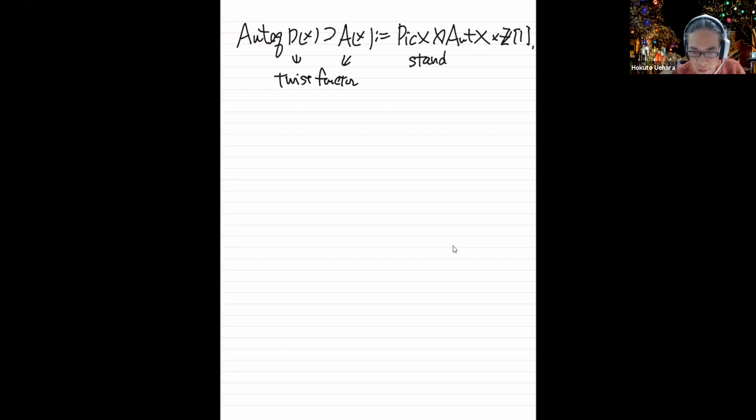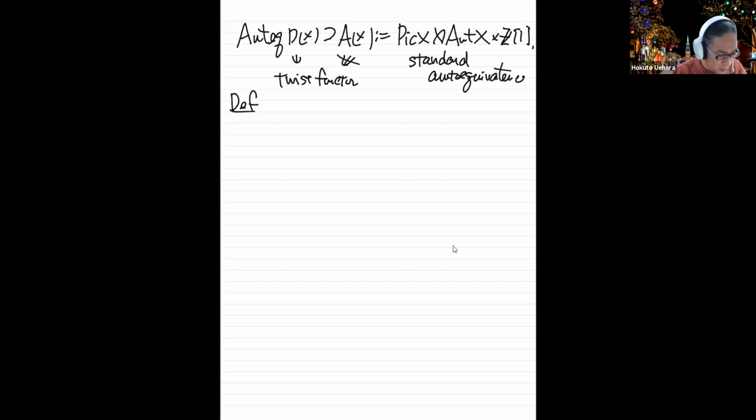And the twist functor, which I will define now, is not a standard autoequivalence, precisely if the dimension of the variety is greater than or equal to 2.